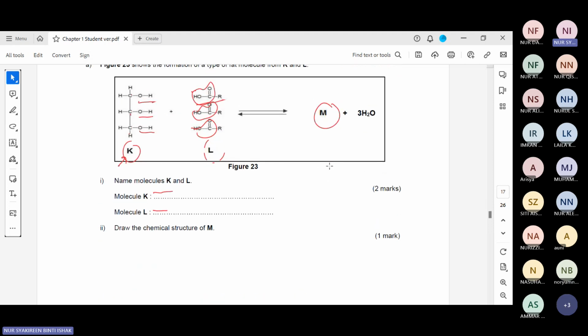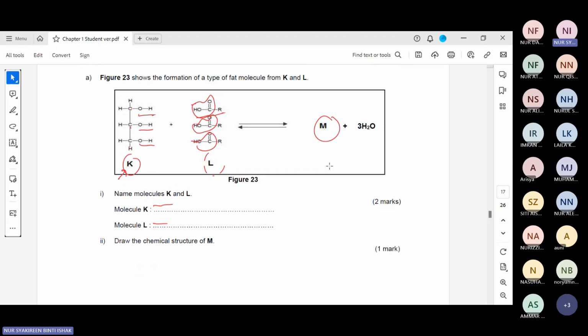So draw the chemical structure of M. Join lah kan. So in the formation of triglyceride, M is the triglyceride. It removes hydrogen from the hydroxyl and OH from the carboxyl. So it releases each one a water molecule. Kan?